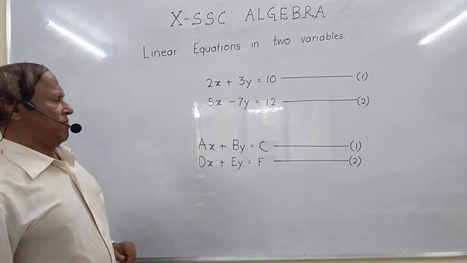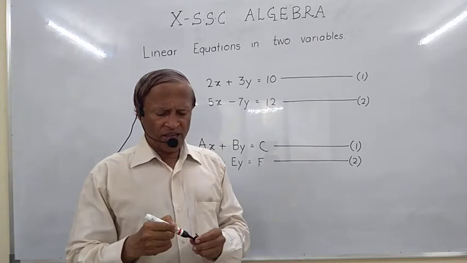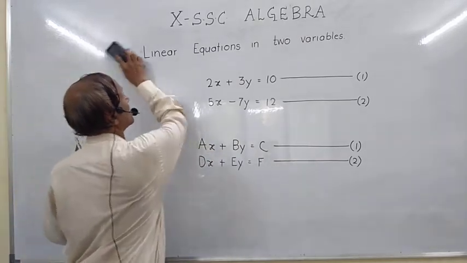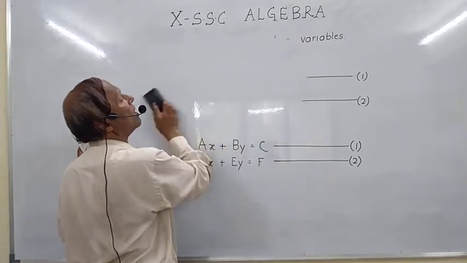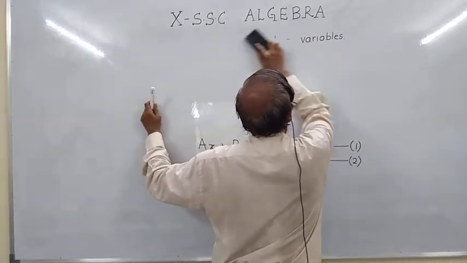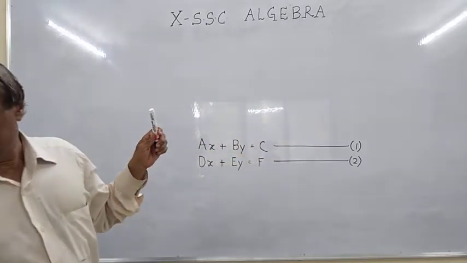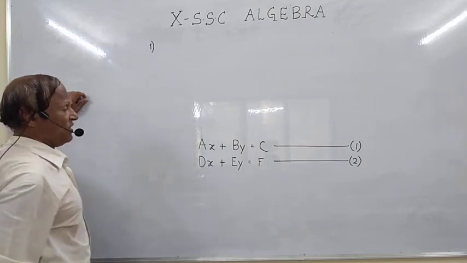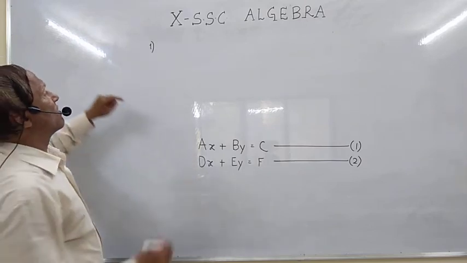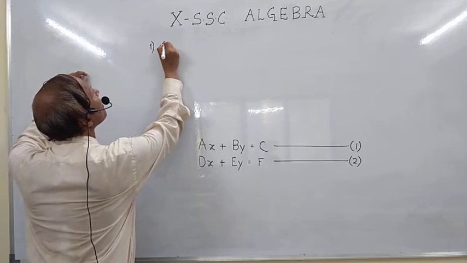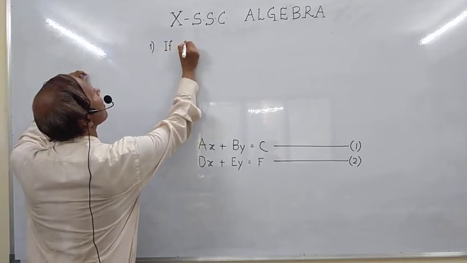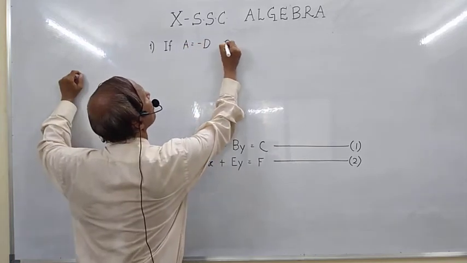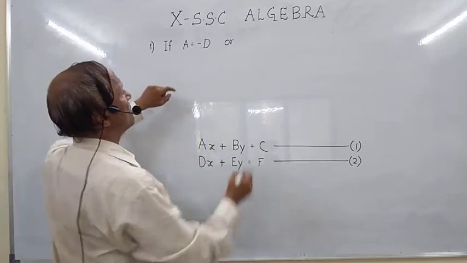Now, how to solve them? We have got a fixed sequence by which you can solve these equations. So, we will take that fixed sequence. First, you have to see whether a is equal to minus d, or b is equal to minus e.